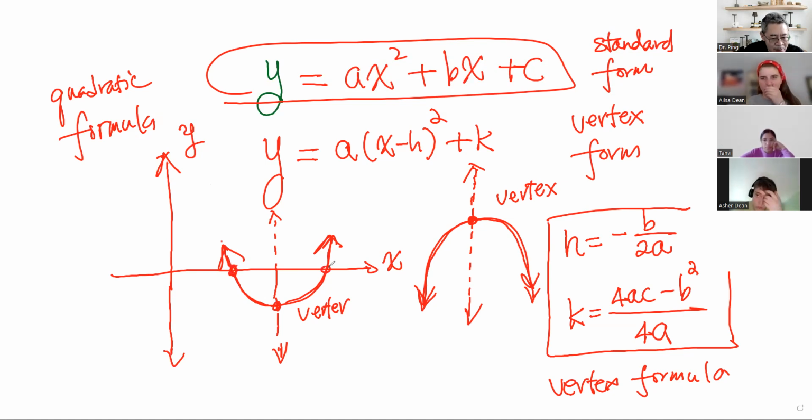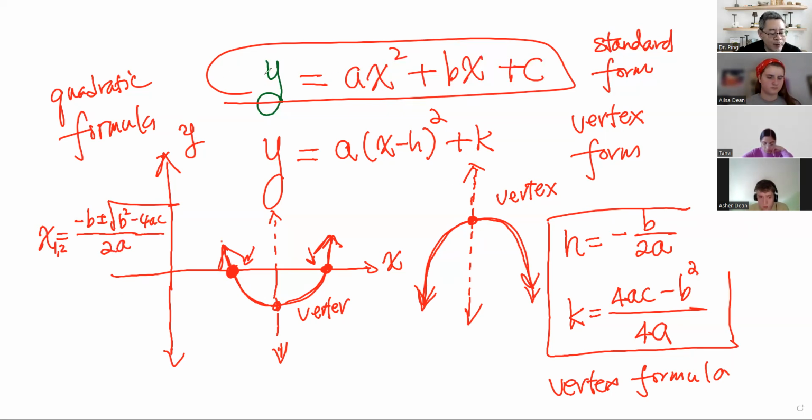These 2 points where the graph crosses the x-axis, we can calculate using the quadratic formula. x is equal to, sometimes you see it written as x1, x2, because normally we get 2 x values. You can see that there are 2 x-intercepts, one here, one there. So we get x equals minus b plus or minus the square root of b squared minus 4ac, over 2a.